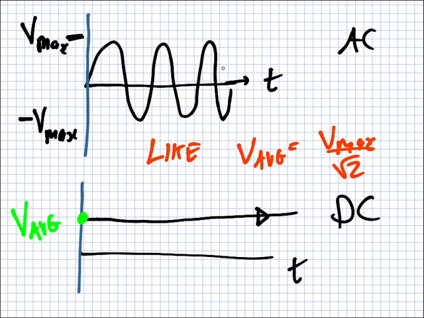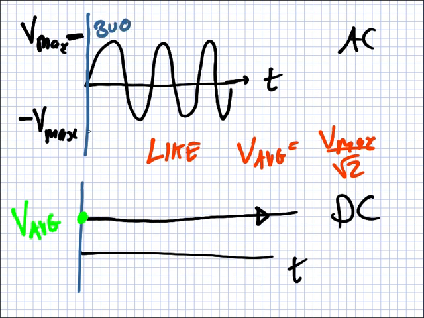So for example, imagine that this is 300 and this is minus 300. You were saying this is like 0, but it's not. Really, it's like 212. So we lose a little bit, but it's 212.